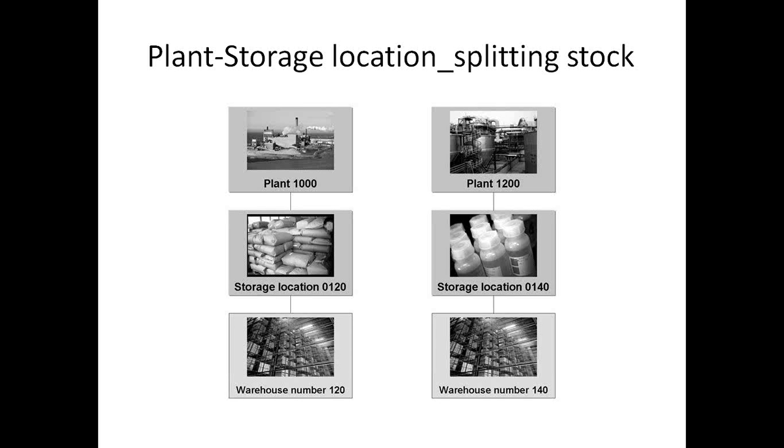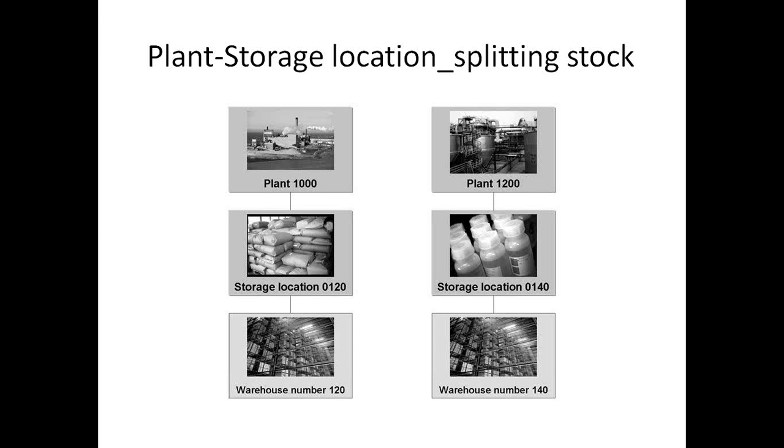There won't be any transfer requirement or transfer orders, nothing. It stays at the storage location level only. So whenever we want to trigger the WM activities, it has to be assigned to a warehouse number.